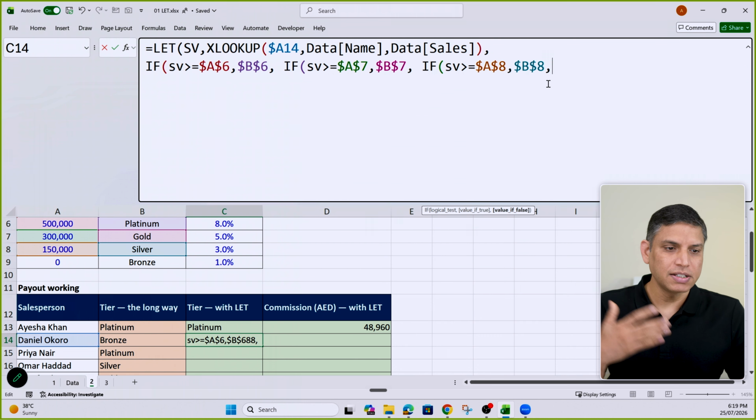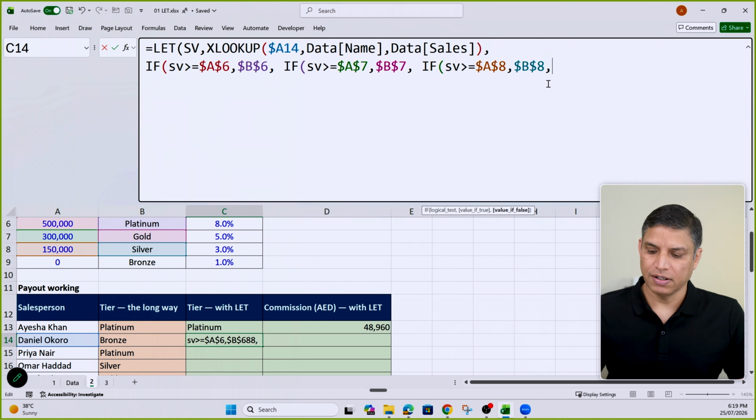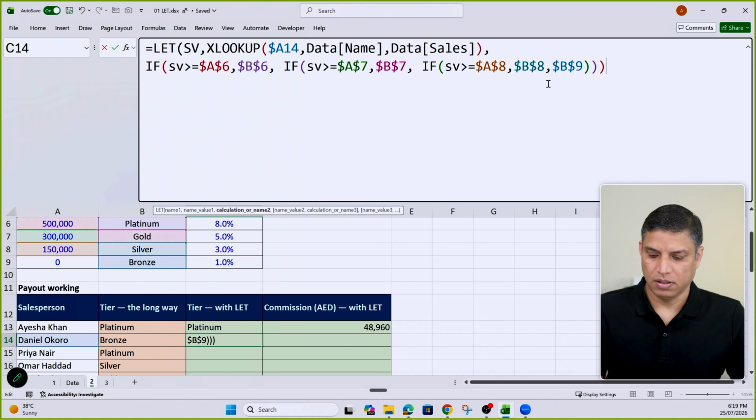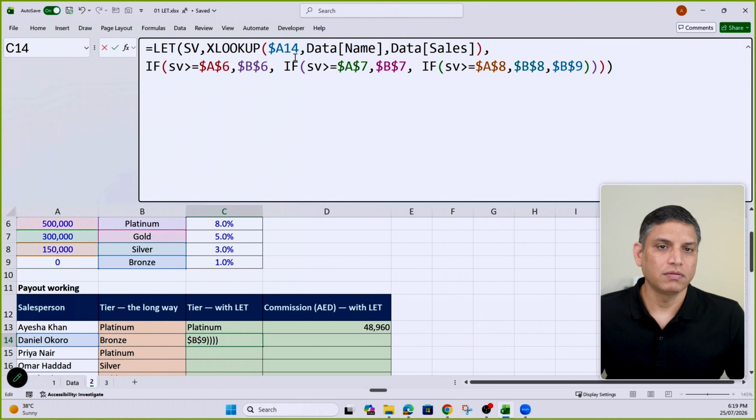In all other cases, there is only one condition left, that would be $B$9. And I'm closing my if condition 3 times and then the LET function also gets closed. Everyone okay? What I have done?